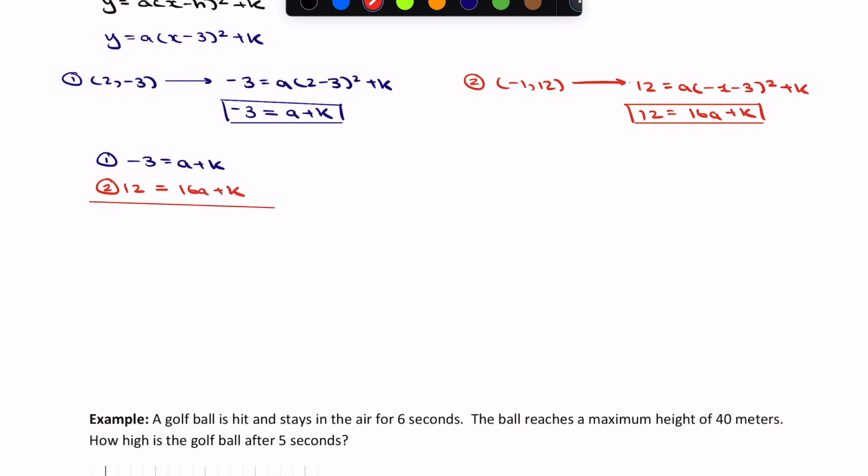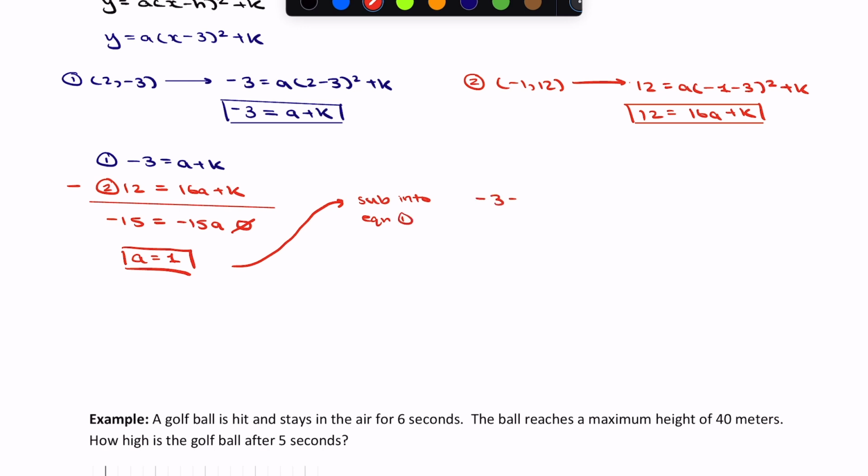Here we'll take the two equations, we'll subtract them. Negative 3 minus 12 will give us negative 15. a minus 16a would be negative 15a, and then the k's would cancel out. So here we see that a would be equal to 1. Take the a value, sub that back into equation 1.